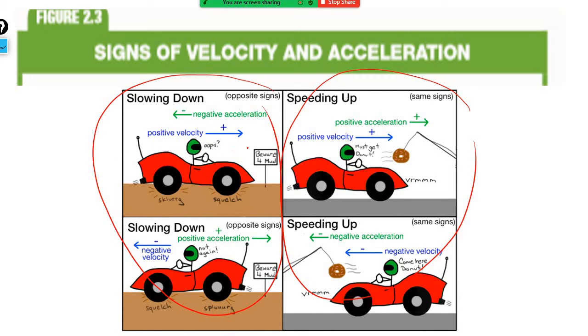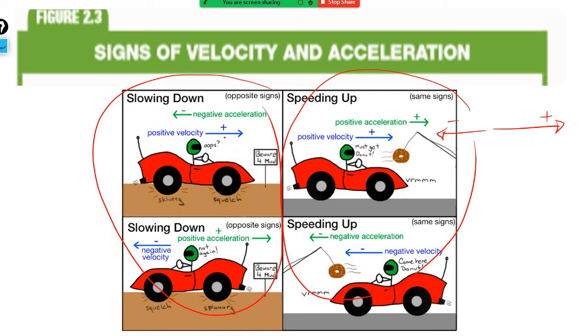This object moves in this direction. You know that we have a positive direction and a negative direction. This is the positive direction, east, and the negative direction, west. Now this guy moved in the positive direction, so the velocity will be positive, but he's slowing down, and we said that when the object is slowing down, the acceleration will be negative.